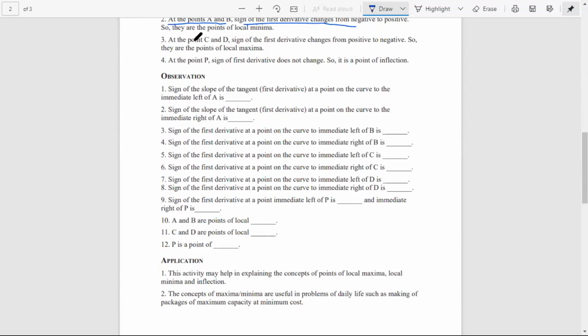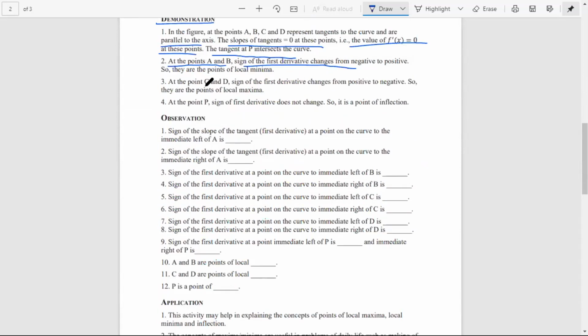Okay, now next, at points C and D, the sign of the first derivative changes from positive to negative, so they are points of local maxima. The previous ones were points of local minima. When there is a local minimum, the sign changes from negative to positive, and when it is a local maximum, the sign changes from positive to negative.